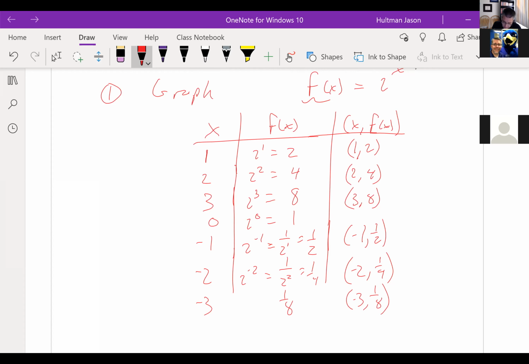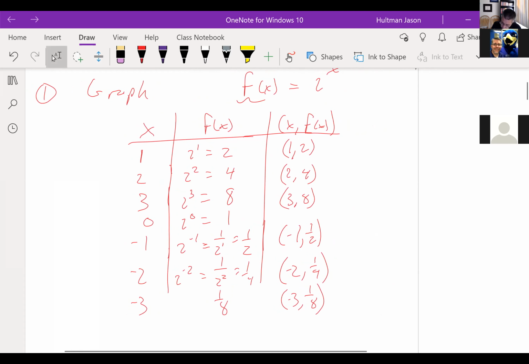So what happens if we want to graph this guy? We have this graph here. At 1, I'm at 2. Okay, so there's a point there. At 2, I'm at 4. At 3, I'm at 8. At 0, I'm at 1.